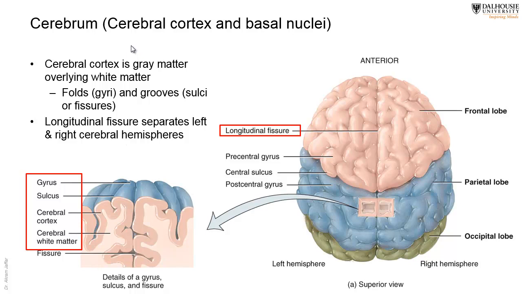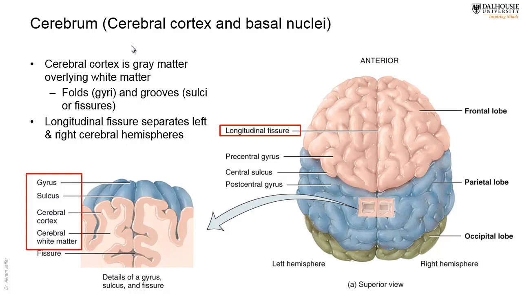And as you can see here, there are multiple folds and grooves. These are called the gyri and sulci. So the grooves are called the sulci, and the folds are called the gyri. And obviously, these sulci and gyri increase the surface area of the cerebral cortex. So for example, you will not find these sulci and gyri as complicated in rats if you compare the brain of a rat with the brain of a human.